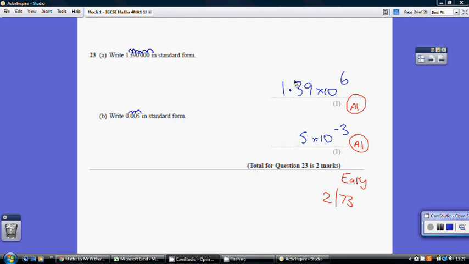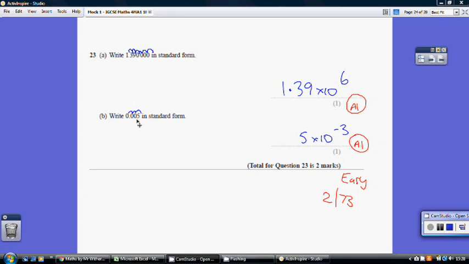So that's why it's 1.39 times 10 to the something. Now it's a big number, so our power is going to be a plus number. So what is this number? Well, the decimal point effectively starts at the end and has to move to between the 1 and the 3. So hopping across, that's 1, 2, 3, 4, 5, 6 hops, so the power of 6.